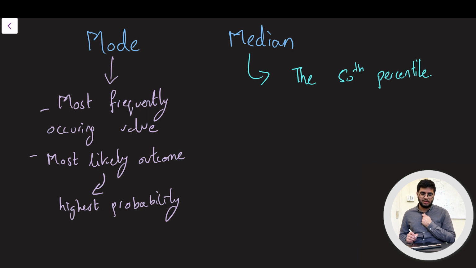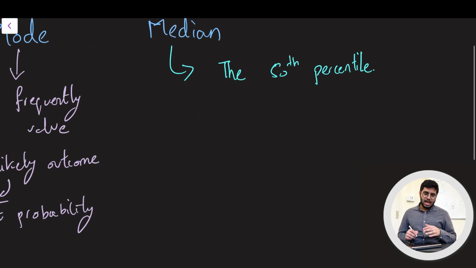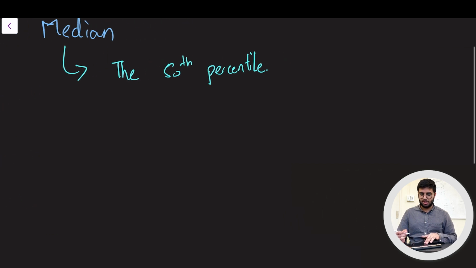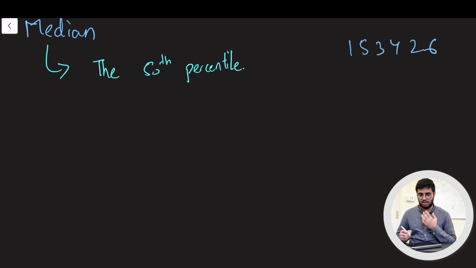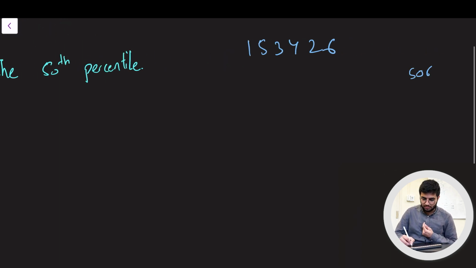Now, how do you find that? If you have done median before, you would remember that if you have a bunch of numbers like 1, 5, 3, 4, 2 and 6, to find the median among them, first of all, you would sort them.